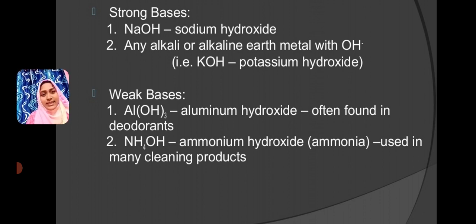Aluminium hydroxide. The chemical formula of aluminium hydroxide is Al(OH)3. Often found in deodorants, this aluminium hydroxide we can see in deodorants to smell good. Then ammonium hydroxide, which is also called ammonia, NH4OH.